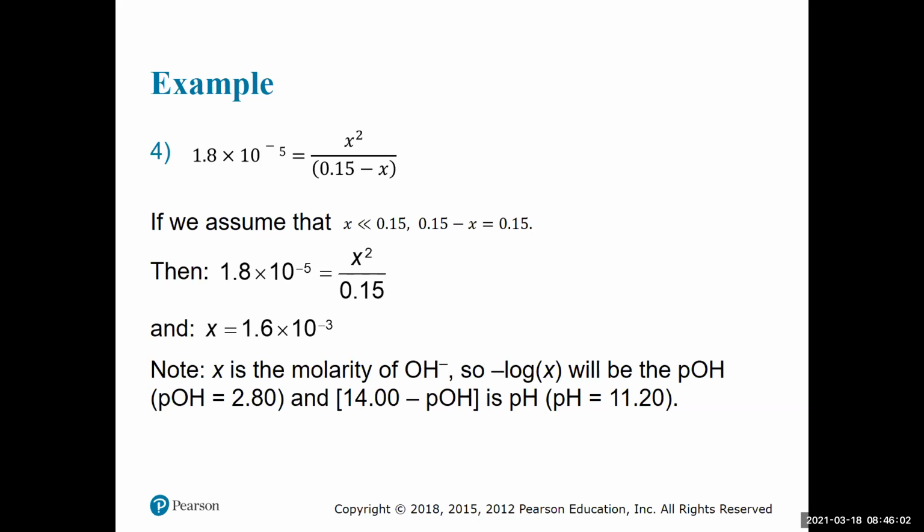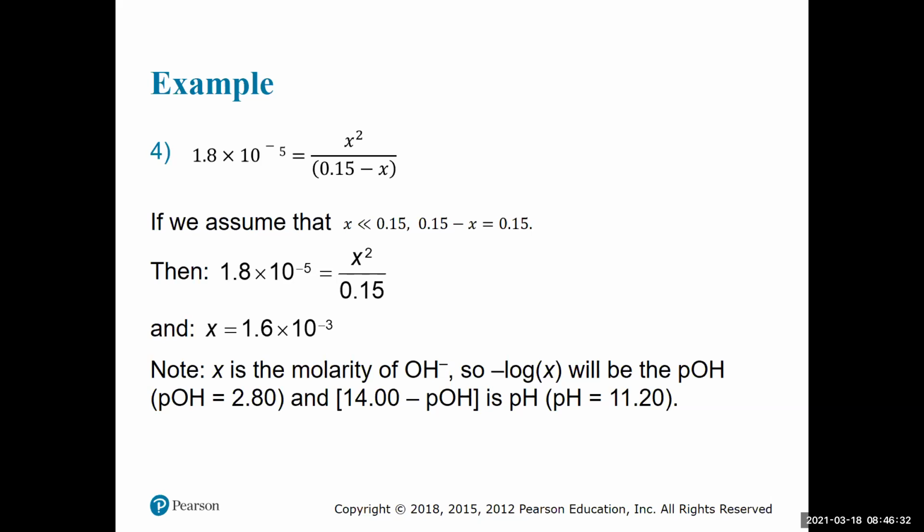So it's pretty much a similar problem as if it was a weak acid type problem. The only thing that's a little bit different is at the end, we need to remember that what we're solving for with x is the hydroxide concentration. So if we're asked for the pH, and rarely do people ask you what's the pOH of something. We're conditioned to think of things in terms of pH for whatever reason.